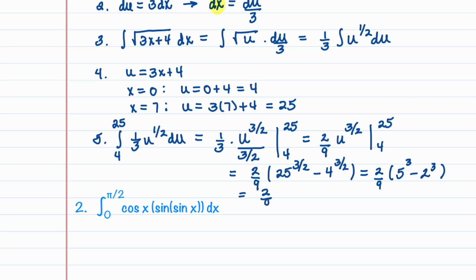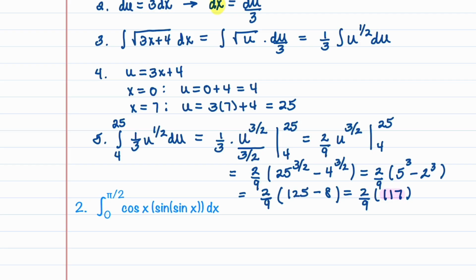This is 2 over 9. 5 cubed is 125. And then 2 cubed is 8. So this is 2 over 9. 125 minus 8 is 117. 9 goes into 117. Do you know why? Let me tell you about this real quick. If you take 117 and you add up the digits, you get 1 plus 1 plus 7, which is 9.